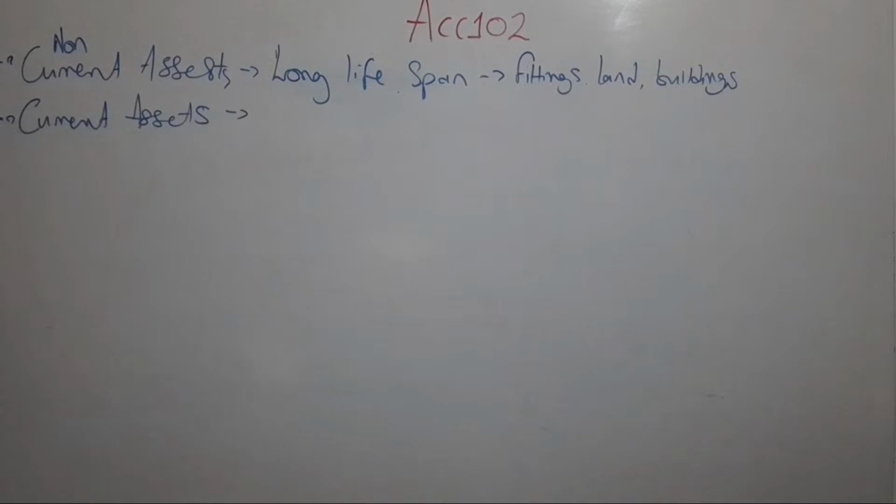Here, the lifespan is very short, usually within a year, depending on the kind of asset. So we have the likes of debtors, stocks, bank balance, cash in hand, and prepayments.